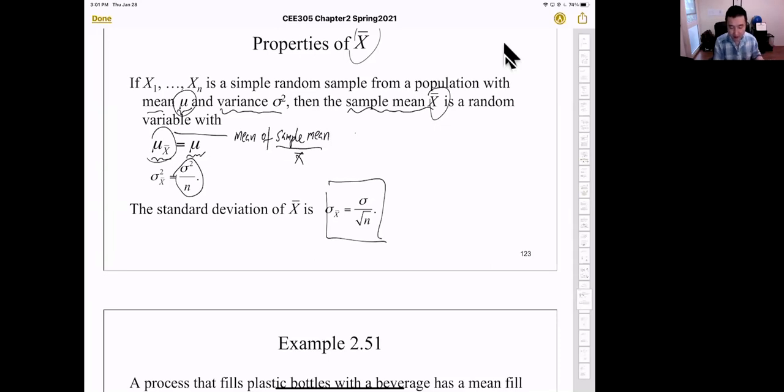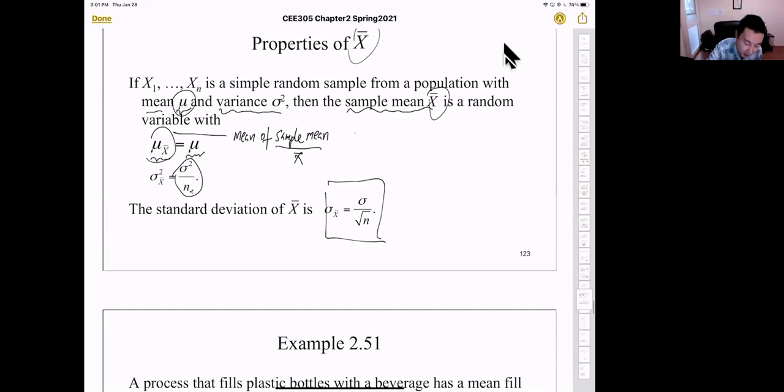What is the sample mean? The sample mean is this. However, the variance becomes smaller when we increase the sample size n, as we can see from here. Increase the sample size n, the variance and the standard deviation go down.